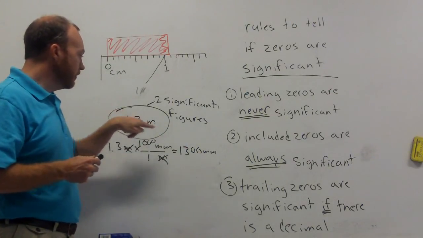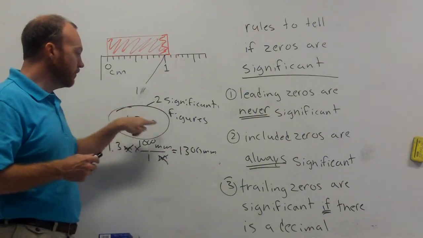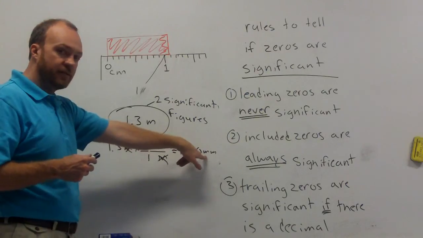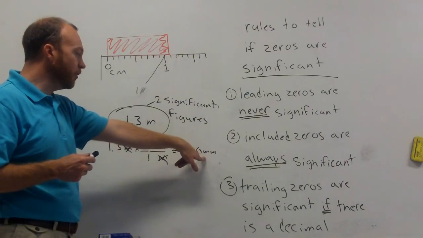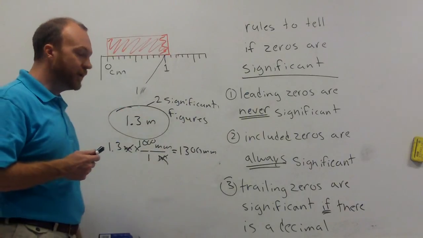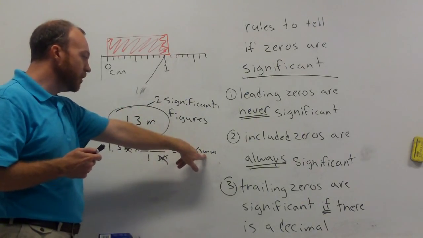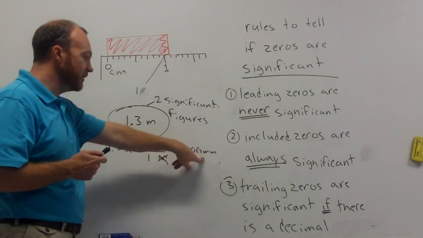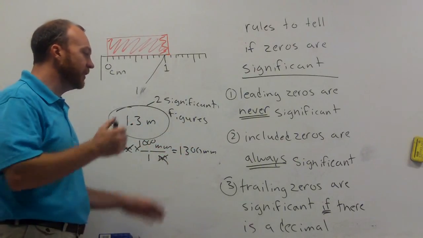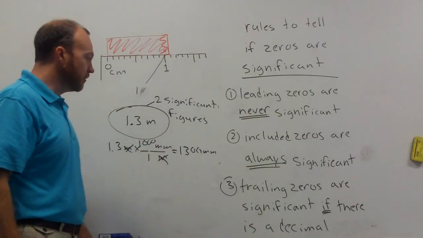Notice, this is the same measurement as that. I measured the meter. I measured, or I estimated, the 1/10 of the meter. But I did not measure these. These are here solely as placeholders because of my unit conversion. So these don't tell me anything about the measurement. They are not significant. So my rule here says trailing zeros are significant if there's a decimal.